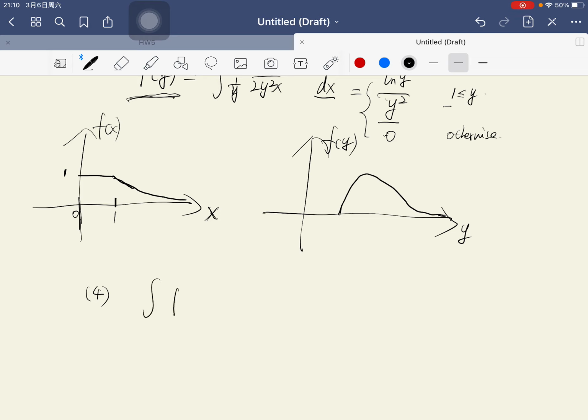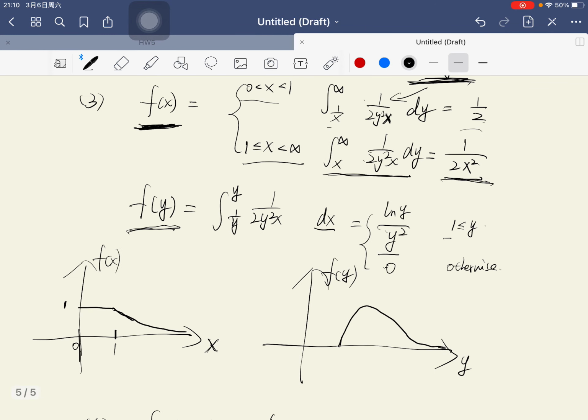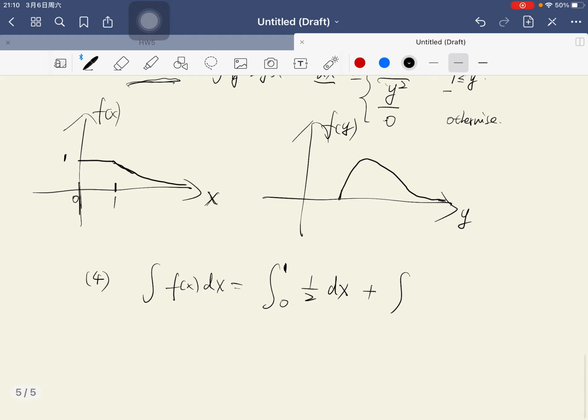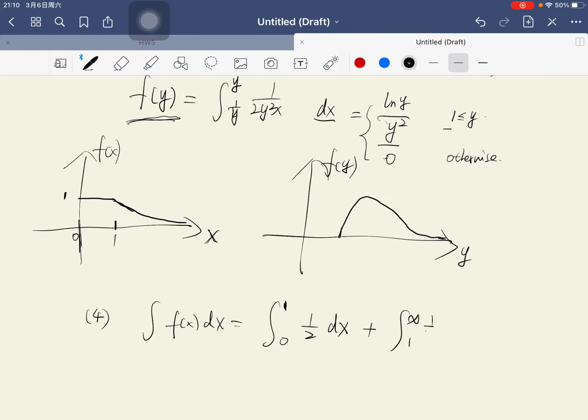The integral of f_X is equal to this part plus this part: from 0 to 1, 1 over 2 dx, plus from 1 to infinity, 1 over 2 times x to the power of 2, dx, and it equals 1.